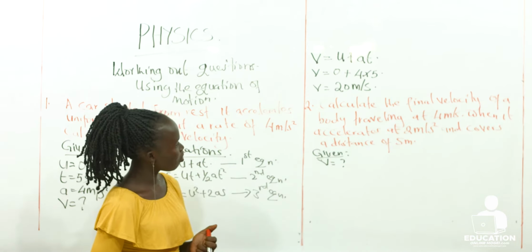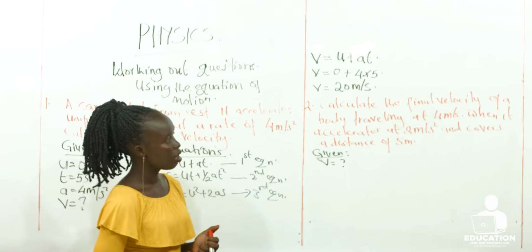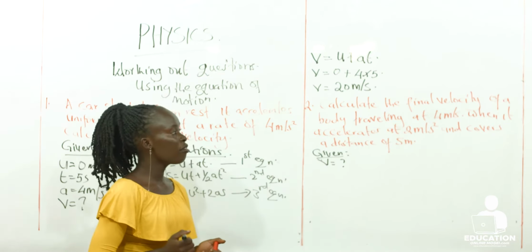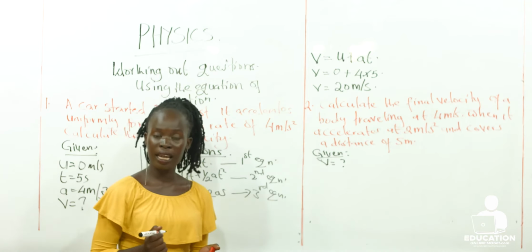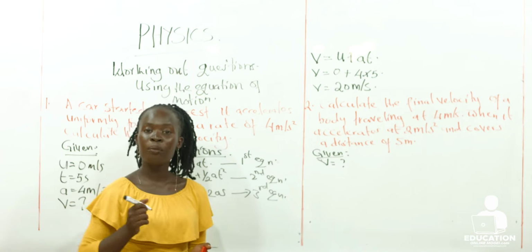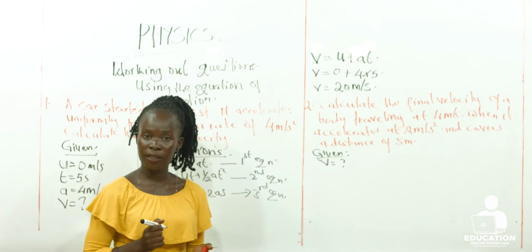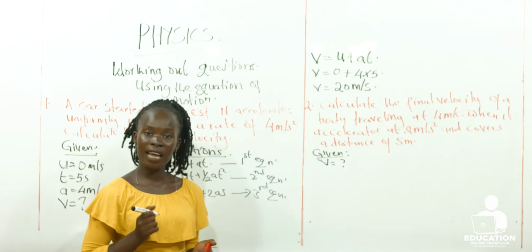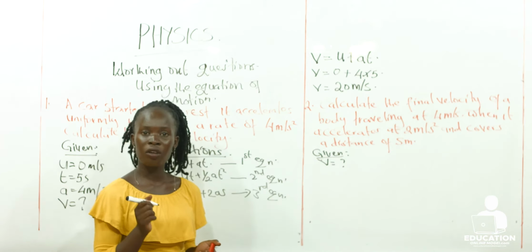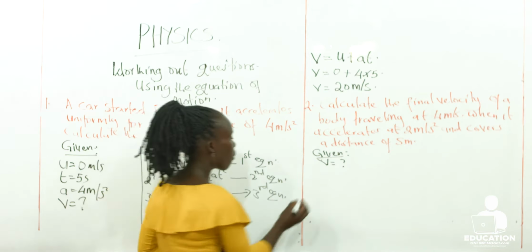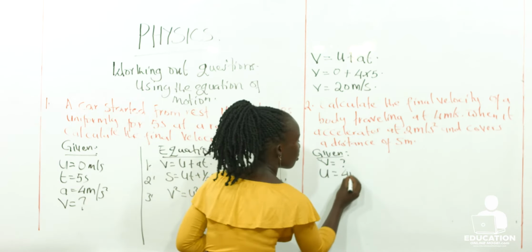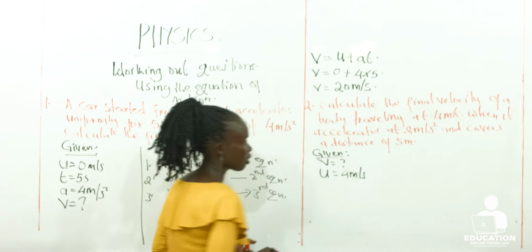The body is traveling at 4 meters per second. That means that is the initial velocity the body started moving with, which is the value of u. So our u here becomes 4 meters per second.